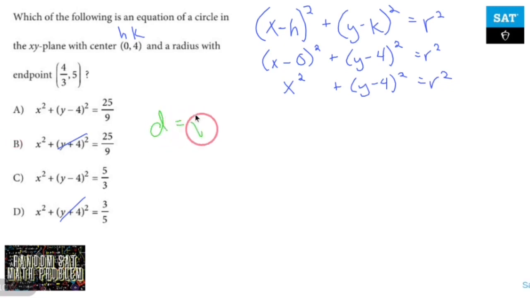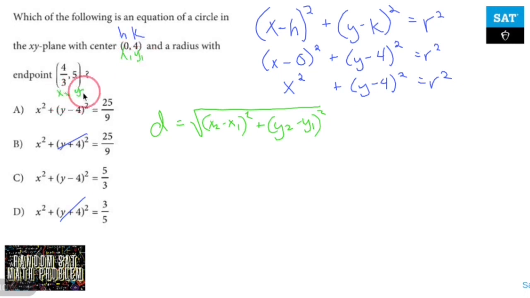D equals the square root of (x sub 2 minus x sub 1) squared plus (y sub 2 minus y sub 1) squared. It doesn't really matter which is which. I'll call you x sub 1, y sub 1. I'll call you x sub 2, y sub 2.